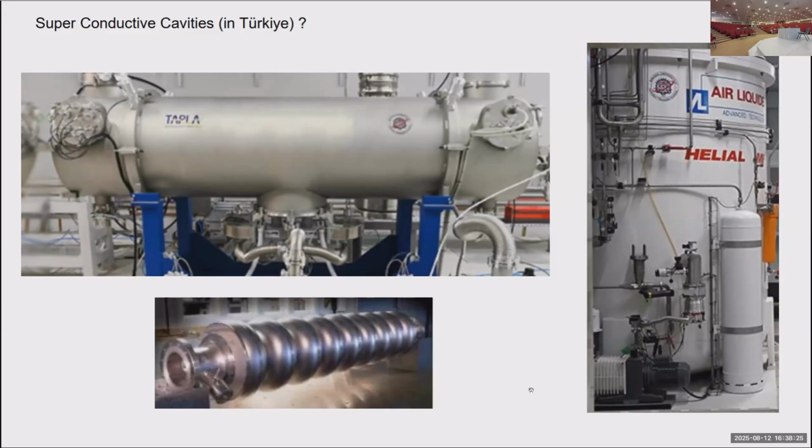Another one at the right side is the air liquid, it means nitrogen. And at the bottom side is the helium tank. They produce these liquid forms of these gases to cool down the cavities into superconducting state. And maybe other superconductors in Turkey, I don't know.